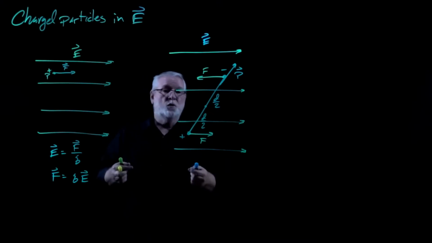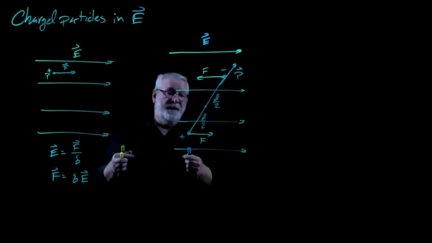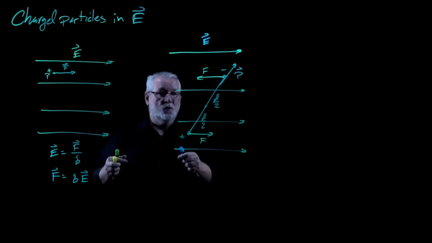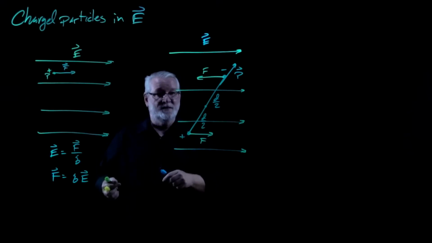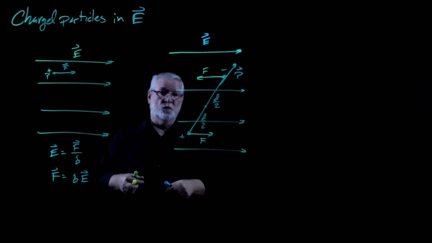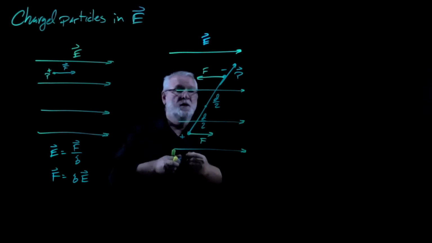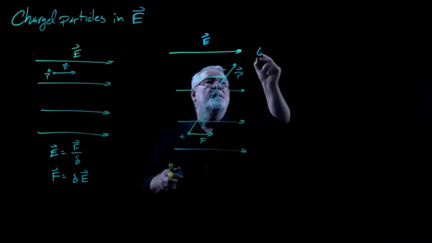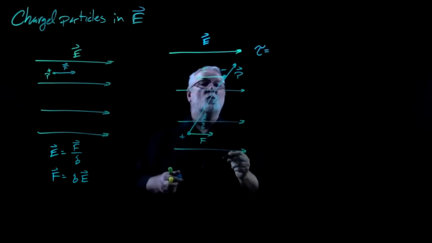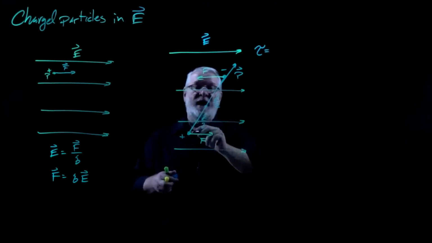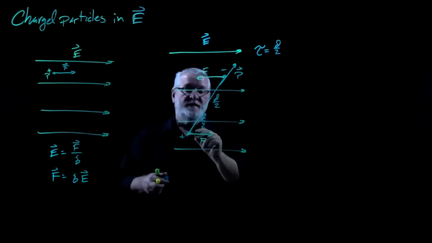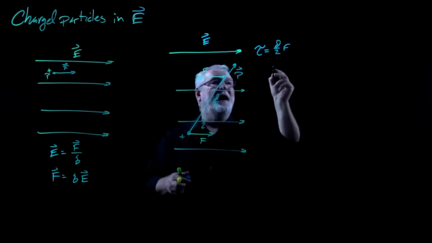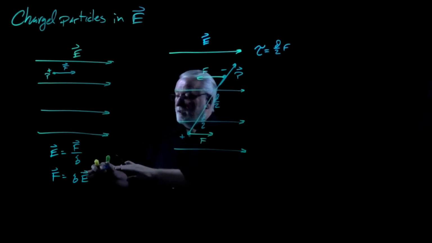Well, as with all torques, let's go ahead and calculate its magnitude. The magnitude of a torque isn't too bad. What we need are two things: the radius from the center perpendicular to the force, and the magnitude of the force. So the torque is going to be equal to the size of the radius, which is d over 2, times the size of the force, which is F. And again, we can put in the same F we did over here.